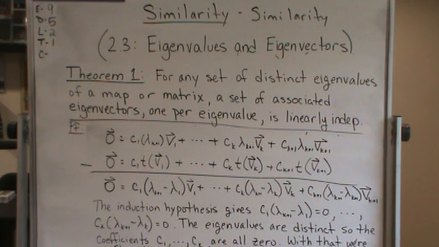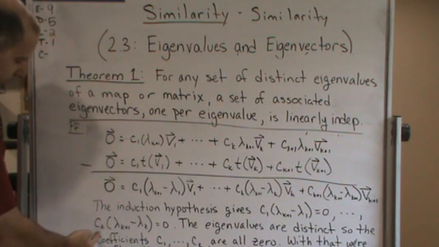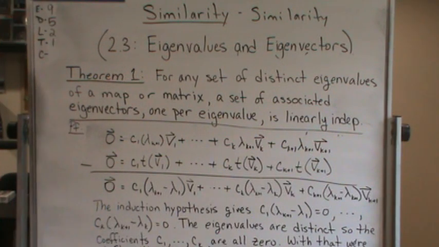But now we're going to use the fact that all of the eigenvalues are distinct. Since they're distinct, none of these differences are going to be 0. So how are these products going to be 0? Well, the zero product principle tells us that the coefficients c1 through c sub k must be 0. So what does that mean?